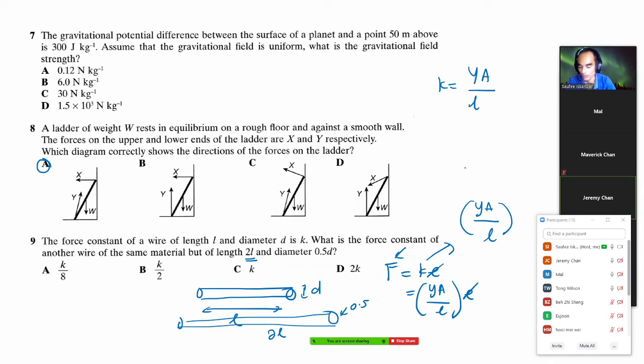So when we have a K prime, it means the new force constant of the wire will be Young modulus times A divided by 4.